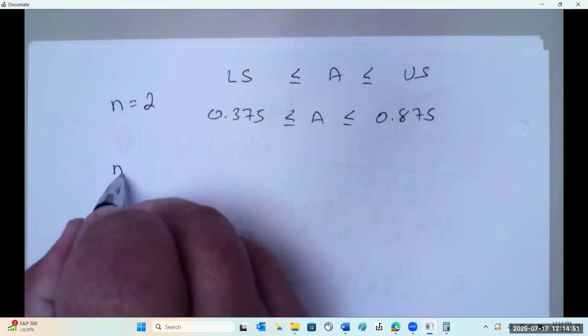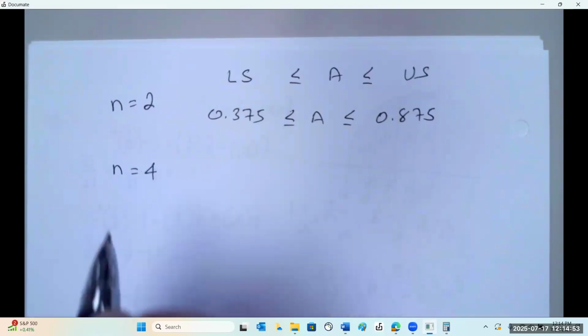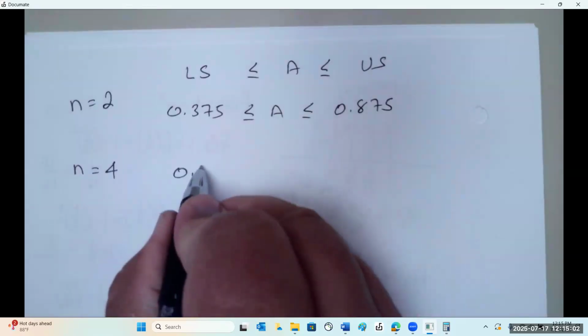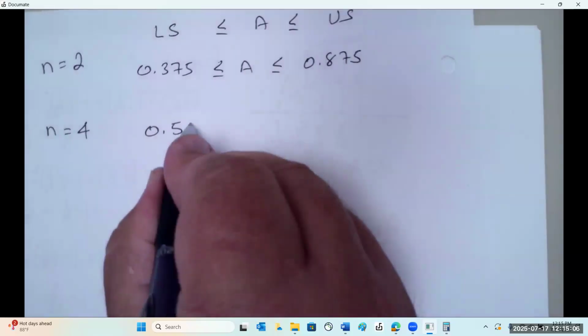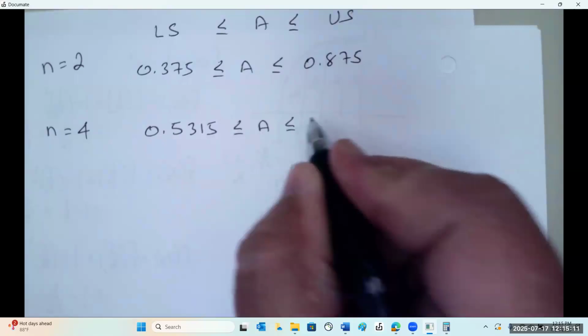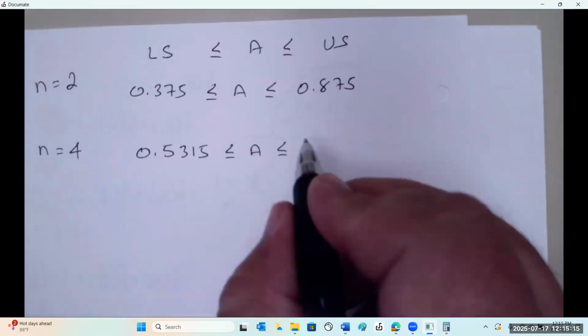When we cut it into four intervals, we got what we just found: 0.5315, and the upper bound was 78125.